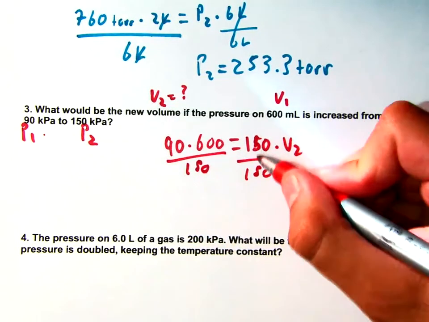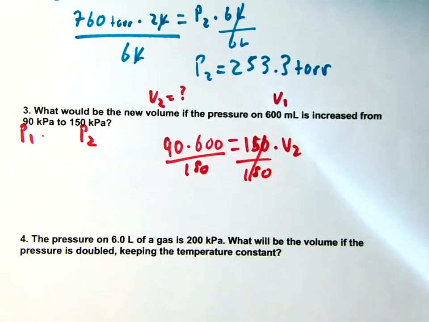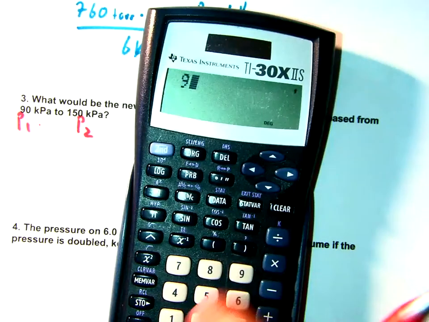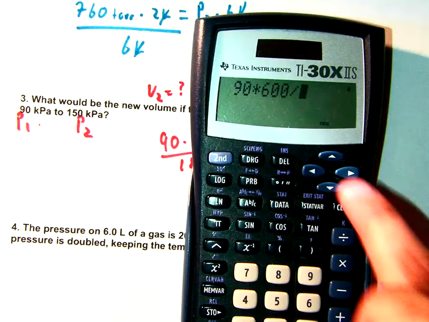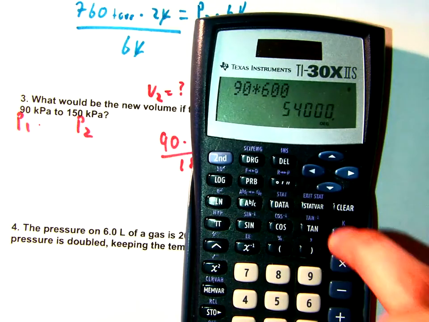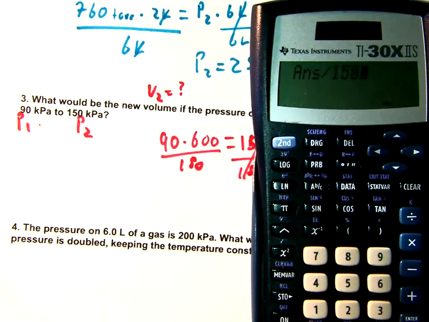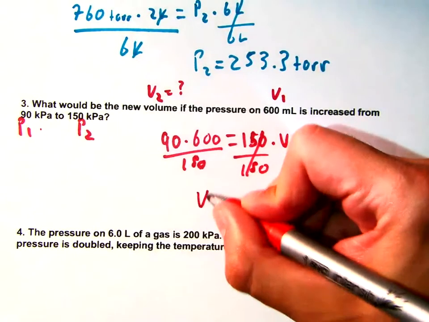Cancel. Volume 2 equals 90 times 600, actually let's multiply that first, divided by 150. Okay, that gives us 360. So my V2 equals 360.